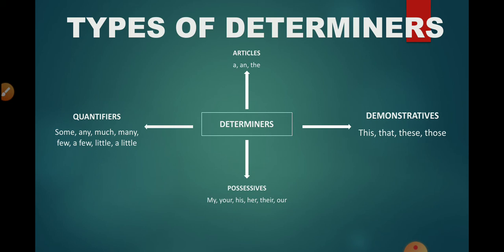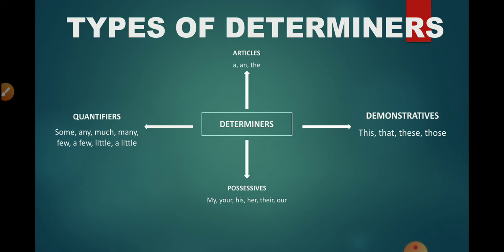Quantifiers are also called indefinite determiners: some, any, much, many, few, a few, little, a little. So these all are the types of determiners. Chiefly they are of four types, and we'll study each of them. Articles constitute a major part of determiners, and they will be the main focus of our study.